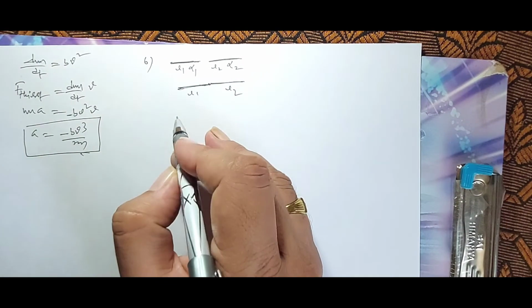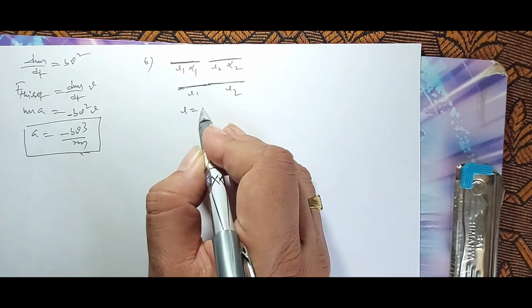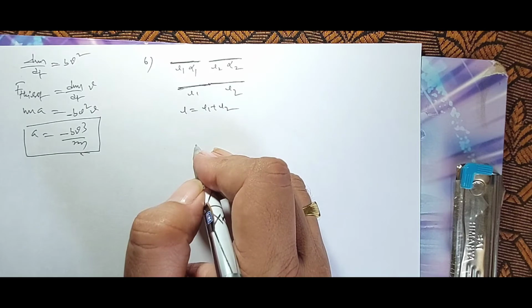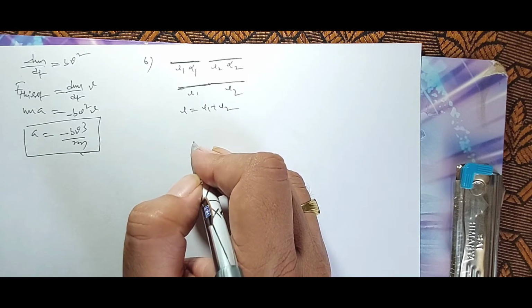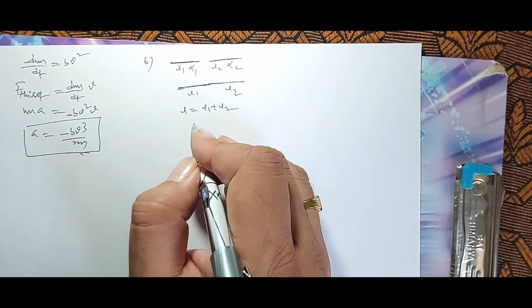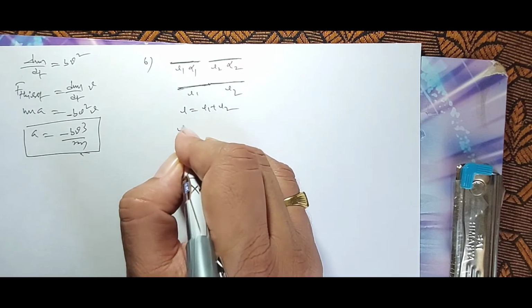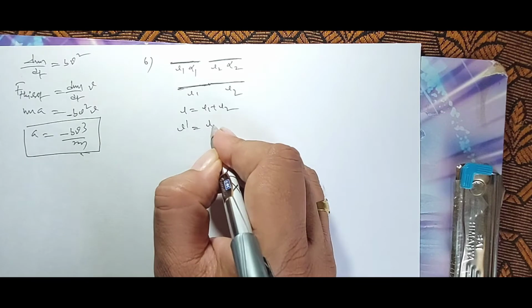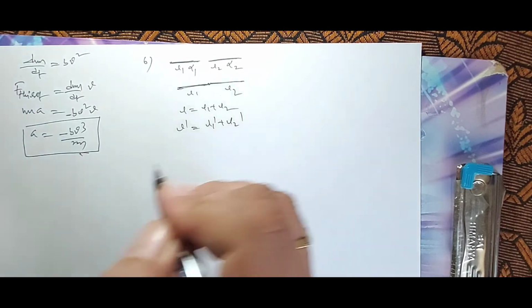Now, the total length L is equal to L1 plus L2. Whenever the temperature increases, these lengths change, so the final length L dash is equal to L1 dash plus L2 dash.